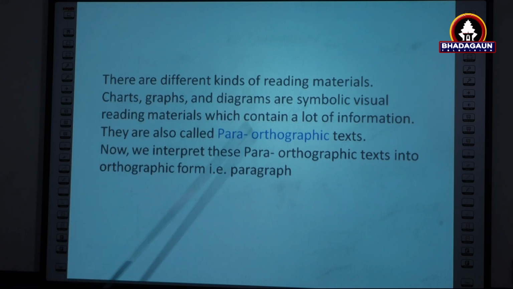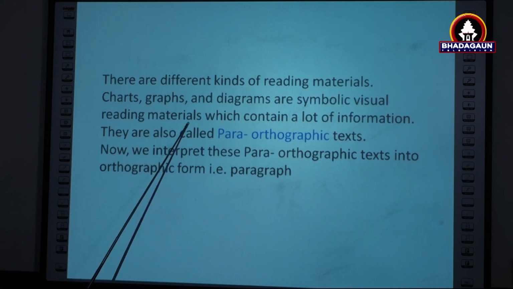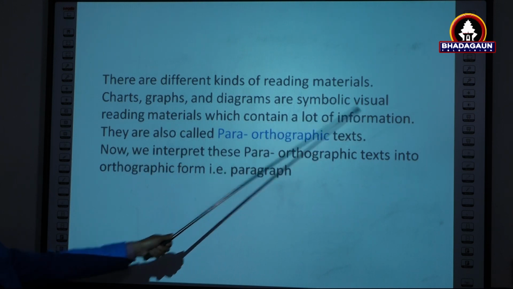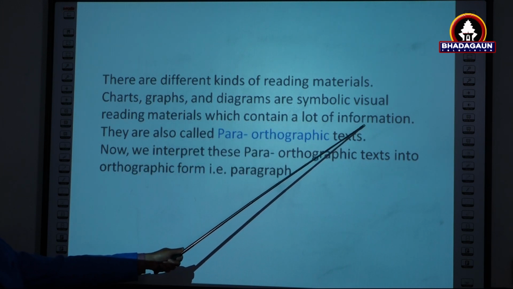So now let's see a very short definition of this topic. There are different kinds of reading materials: charts, graphs and diagrams. They are symbolic visual reading materials which contain a lot of information.